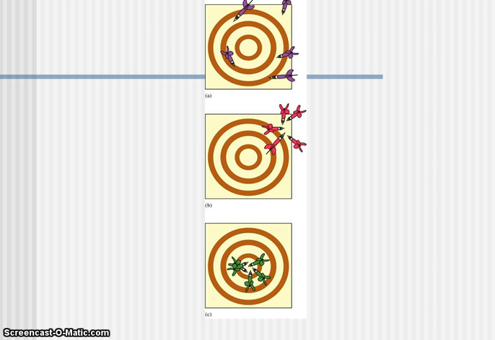If we look at the second dartboard, none of the darts hit the bullseye, so we're not accurate. But all of the darts are in about the same place on the board, so it is precise. If we look at the last dartboard, all of the darts are in the same general location, so that shows precision or reproducibility. And they're all hitting the bullseye, so that shows us that we're being accurate.